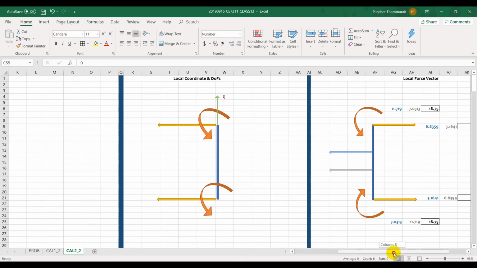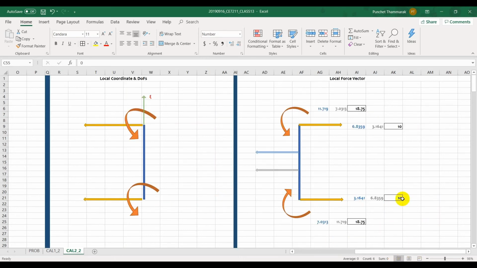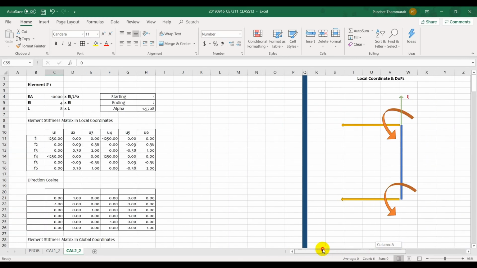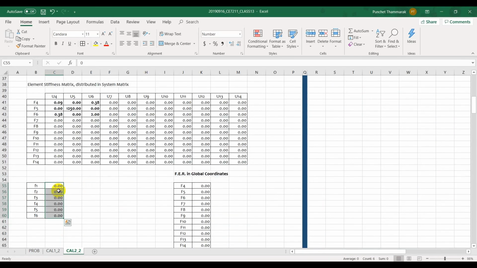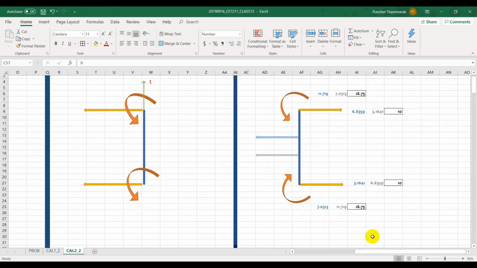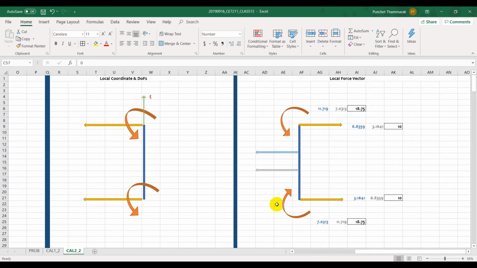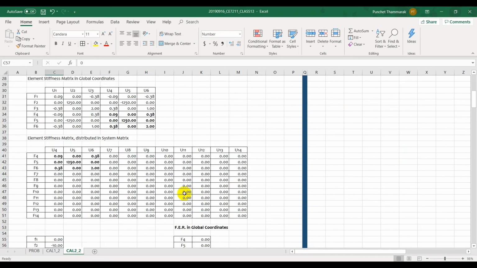F2 is actually pointing towards the right, so that's gonna make the minus 10 in the fixed end reaction vector. Number 3 is this clockwise direction moment, and it is on the opposite side from the counterclockwise.